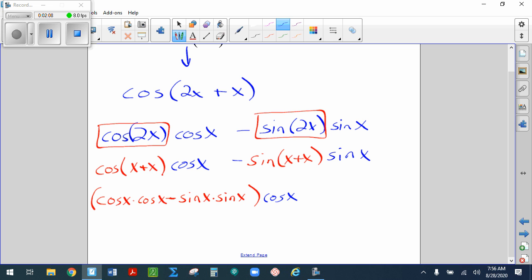Then for my second part, I'm going to do on like the next line. So minus sine x plus x is going to be sine x cosine x plus sine x cosine x, all times sine x.